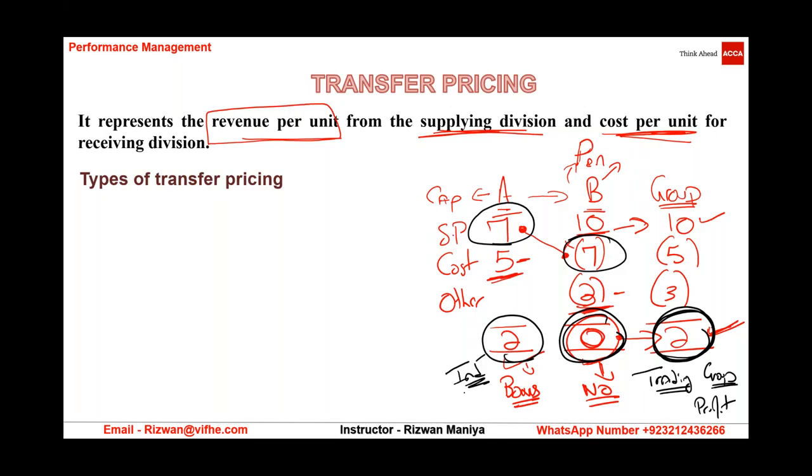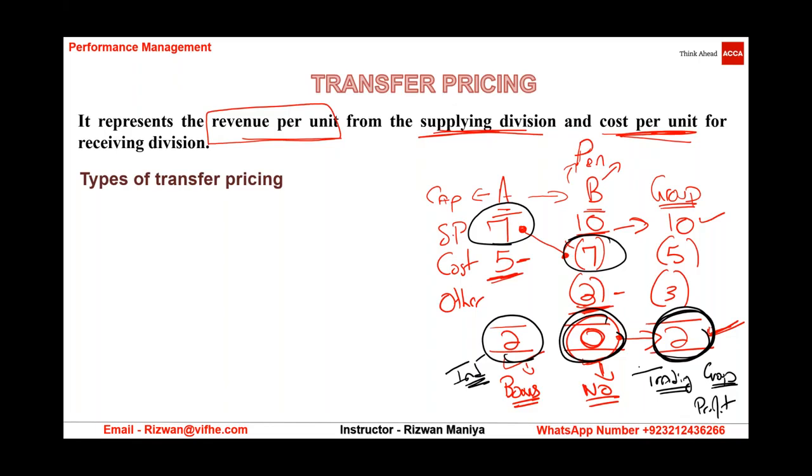As you saw earlier, division B was earning 2 and now division A is earning 2, because transfer price is revenue for one and cost for the second one. So a change in transfer price changes revenue for one and changes cost for the other. A basic message I gave you here.